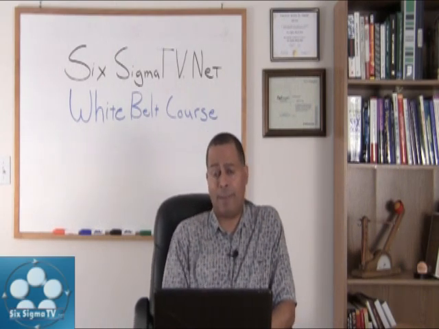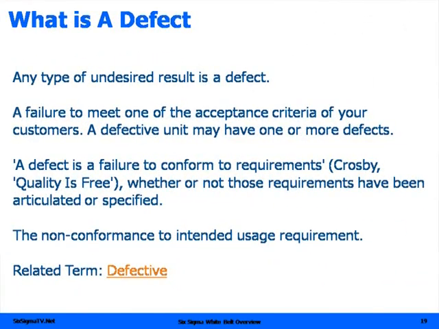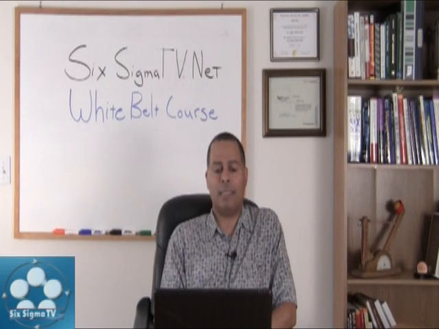Now let's change notes here for a second and look at what a defect is. A defect is also a type of waste in your process. A defect is any type of undesirable result. Anything that creates havoc, chaos, rework, or something the customer is not going to accept because it doesn't work right or is not the right information on a report is known as a defect.